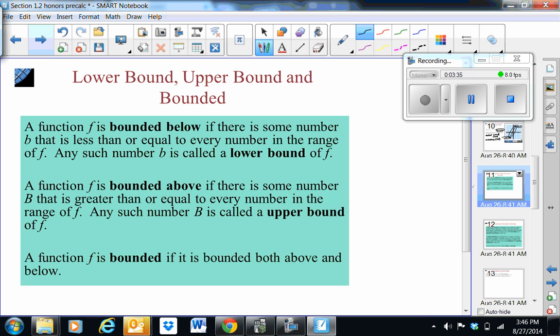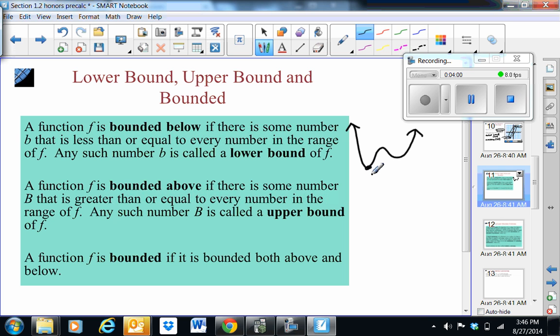So lower bound, upper bound, and bounded. A lower bound occurs, so I'm not going to read these definitions to you, but this first one, if something is bounded below, would be something like this type of function, because we see that the y values actually stop at a certain point.